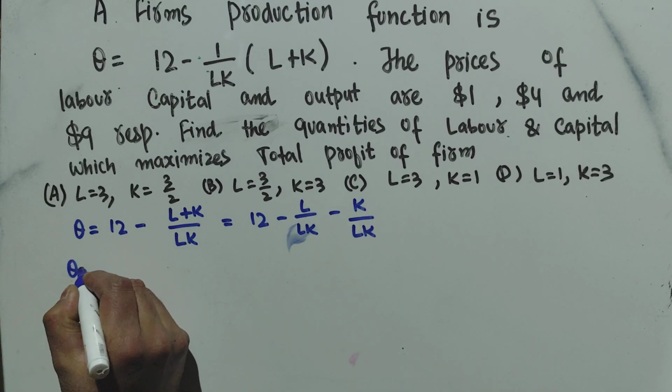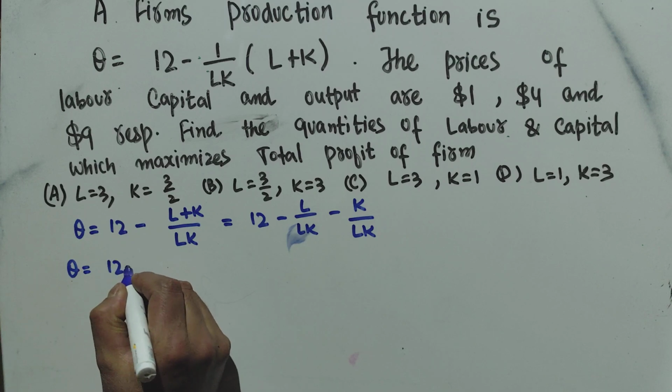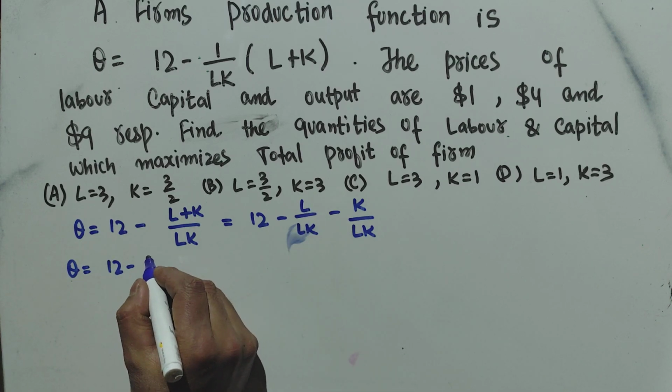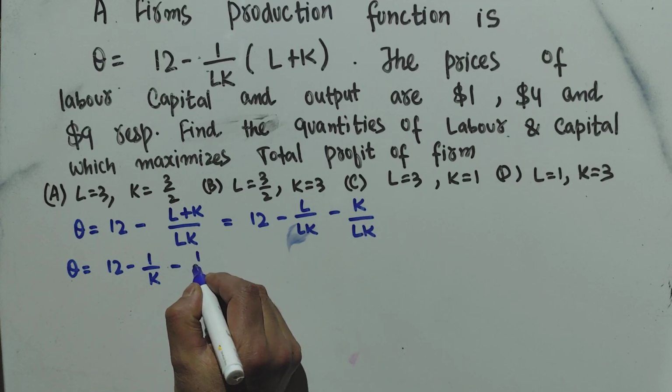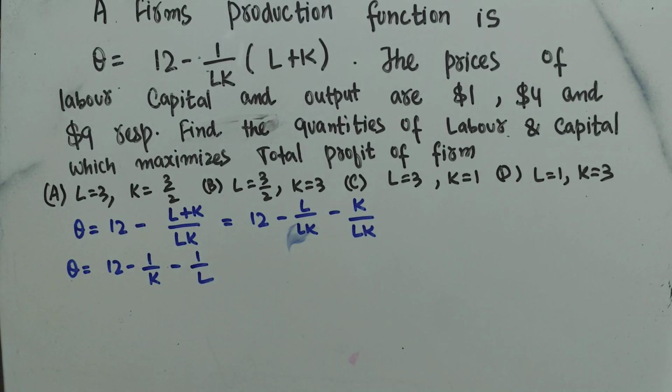Our production function will be 12 minus, L gets cancelled, we are left with 1 upon K, minus, here K gets cancelled, we are left with 1 upon L. This is our production function.